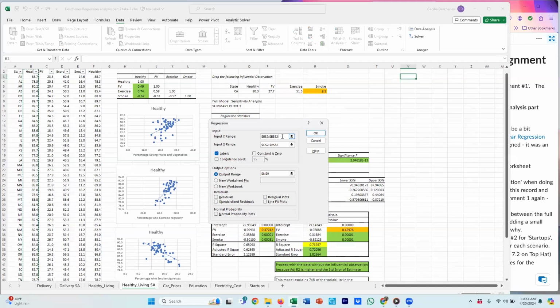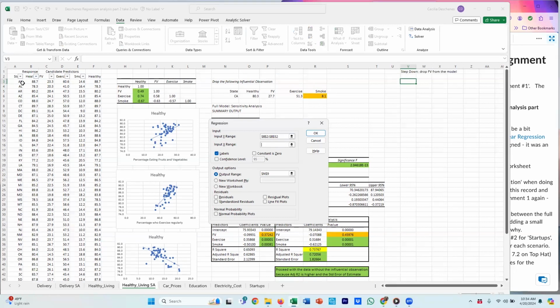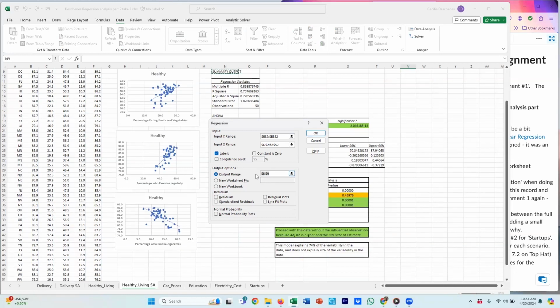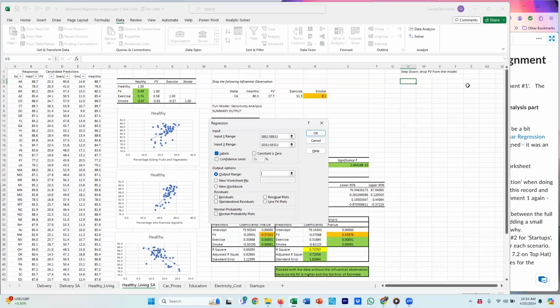All right, so let's go ahead and run that regression. So it remembered my response. So the only problem now, it has response and health, so that's not going to work anymore because I messed it up. So let me go ahead and grab it again. So I want healthy.